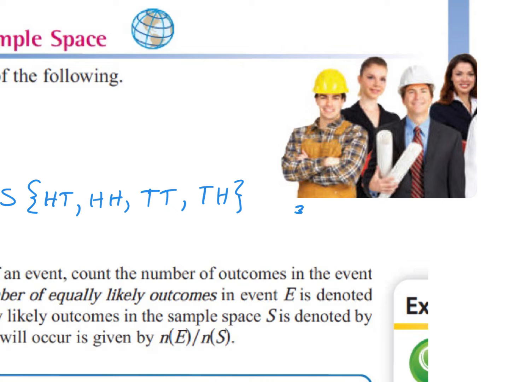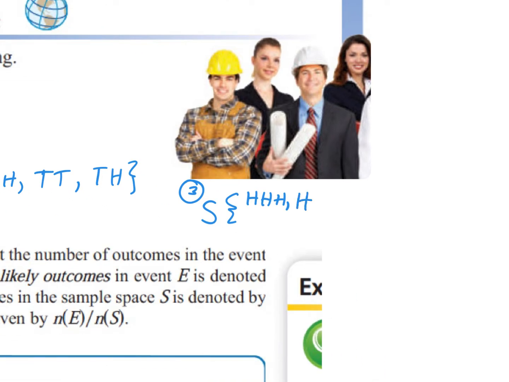All right, what about if we have 3 coins? Think about this. It gets a little more complicated when we have more elements that we're adding to our experiment. So 3 coins. What are my 3 coin options? I could have heads, heads, heads, right? 3 heads. What about if I had 2 heads and a tails? What about a tails, a head, and a tail? What else? Okay, head, tail, head.